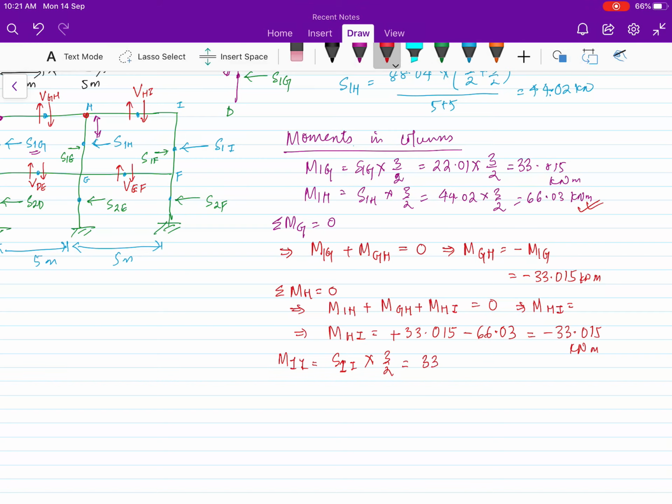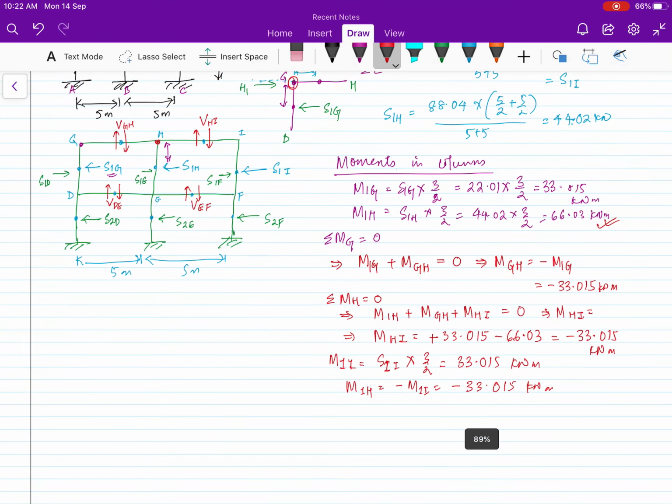So again the same, we'll get 33.015 kilonewton meter, and the moment in the beam will be, because the summation of moment at I is equal to 0, minus of M1I, which is minus 33.015 kilonewton meter. Okay, so we got the moments in the columns.